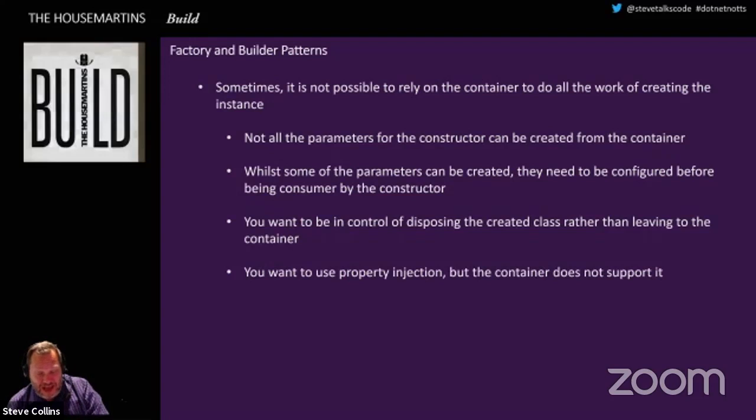Typical example of that would be integers, doubles, strings, all the key types that come out of the box at a low level. I want to say native, but I know that's not the right term for it. The container just will not let you register those, because what's the point? Every time I want a string, I want the same string over and over again. Well, no, not really. So there's a bit of a problem.